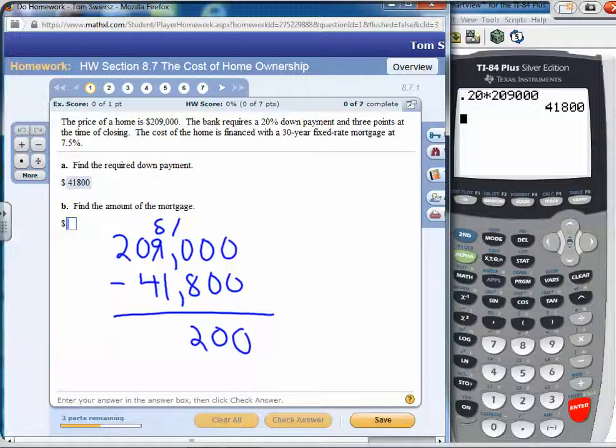We can do it paper and pencil. So it's going to be $167,200. That will be the amount of the mortgage, $167,200, when we subtract the down payment from the price.